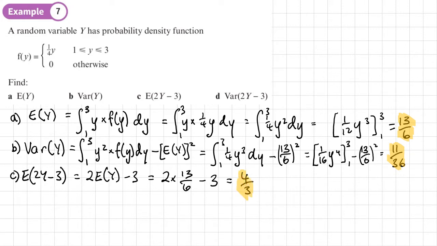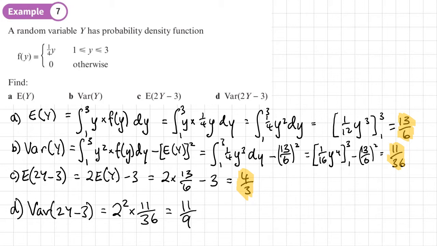And then part D of this question, the variance of 2y minus 3. So this is going to be a squared times the original variance, so 2 squared times the original variance, which was 11 over 36. So 4 times 11 over 36, and that becomes 11 over 9.